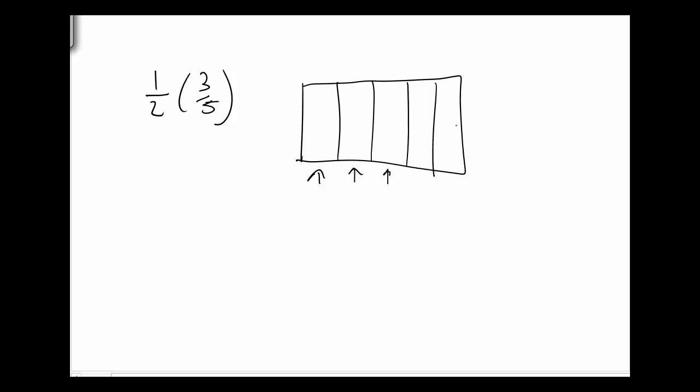And now I want to look at half of that. So half of the 3 pieces would be those little chunks there. But now how many pieces have I split this thing into? Well, now I've got 10 of them, and I've shaded 3 of them. Okay? And so 1/2 times 3/5 would be 3/10.